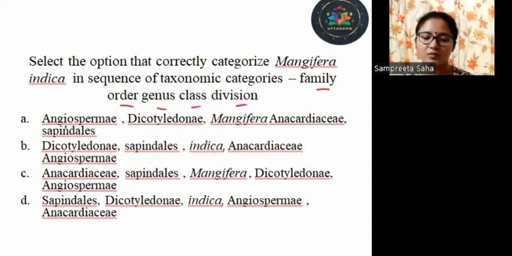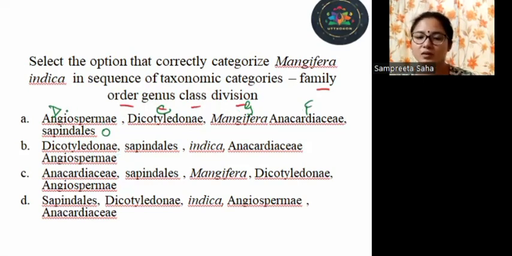So Angiospermae, it is the division. I'm using the letter D to denote that. Dicotyledonae is the class. Mangifera is the genus. Anacardiaceae is the family, and Sapindales is the order.